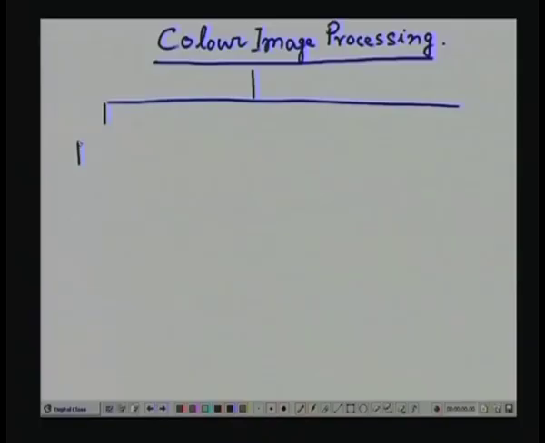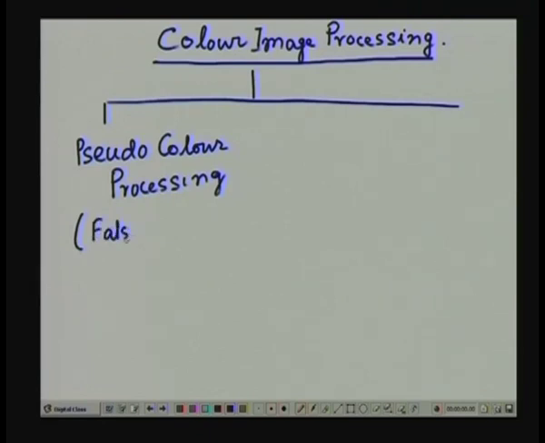In color image processing, we basically have two types of processing. One kind of processing is called pseudo color processing, which is also sometimes known as false color, and the other kind of processing is called full color processing.